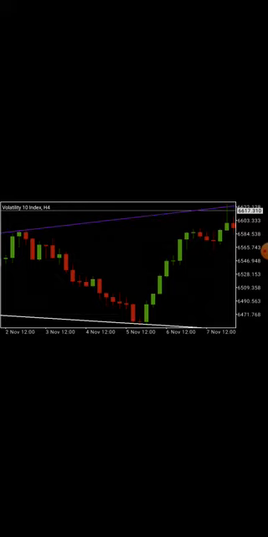A doji has the upper wick and the lower wick, and the real body, which is horizontal, because the opening price and the closing price are very close, or there is nothing at all. This represents indecision and a tug of war between the buyers and the sellers.